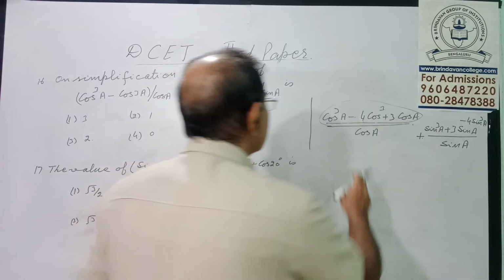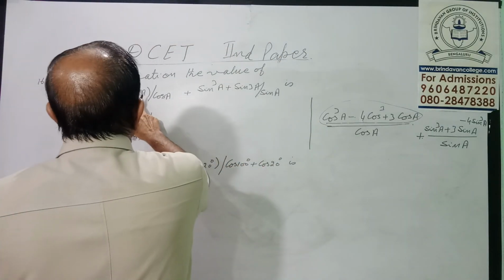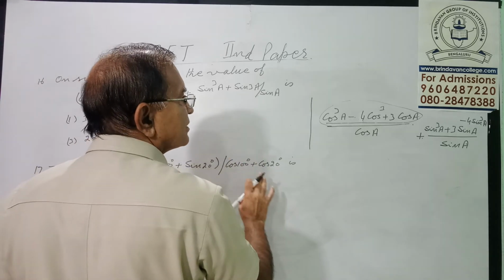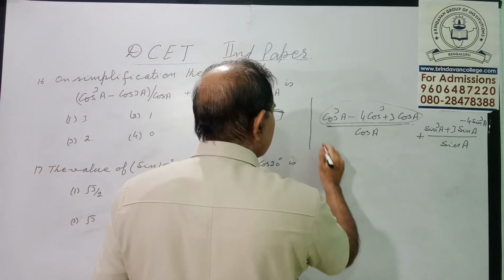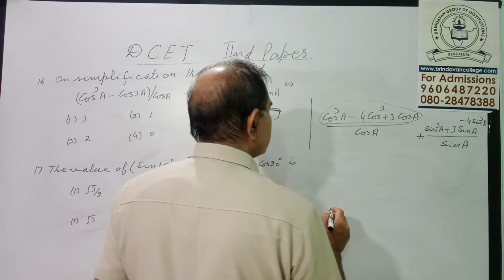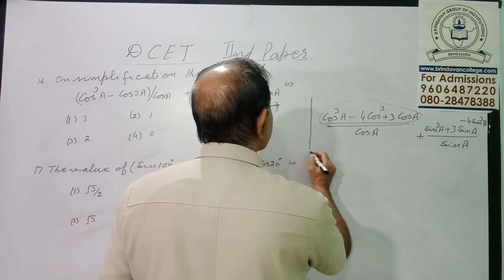Now see this, for the value of cos 3A and sin 3A, after substituting the value, I will change it a little bit, I have made a mistake in this.